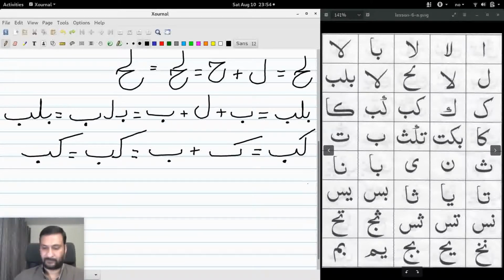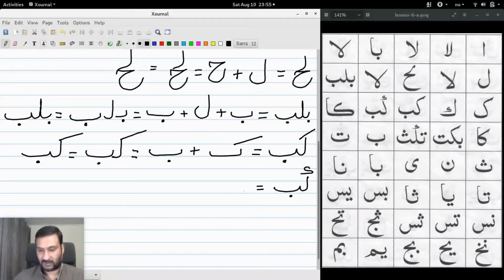Kaf ba. And then comes the next kaf and ba, which is written like this, as you see on the right. Sometimes you'll just see something like this. Kaf ba.